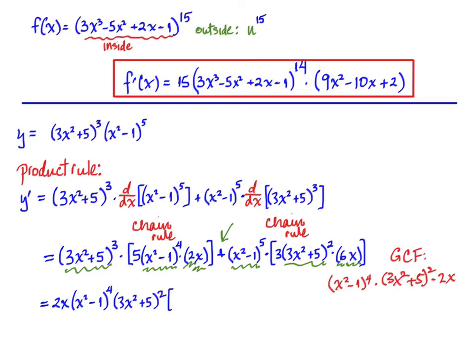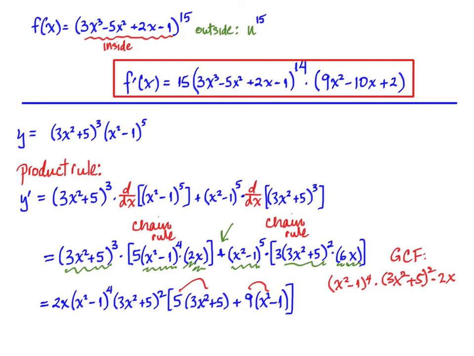So then what I'm left with in the first term is a 3x squared plus 5, and a 5, and that's it. And in the second term, I'm left with an x squared minus 1, and then a 3 times 3, so 9. All right, so now all I have left to do is distribute that 5, distribute that 9, and combine like terms.